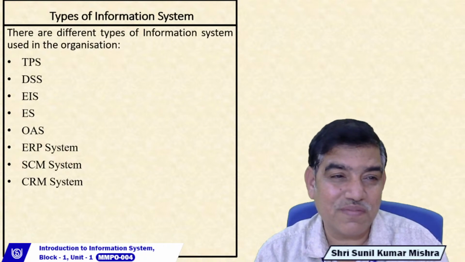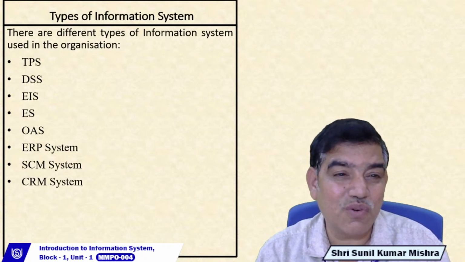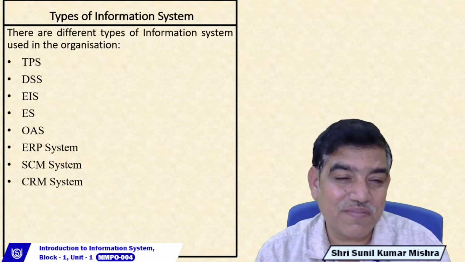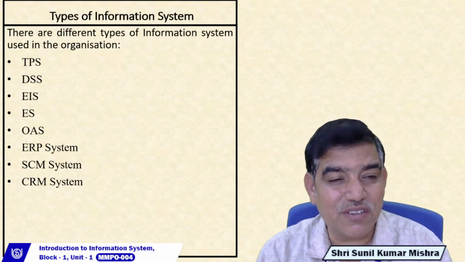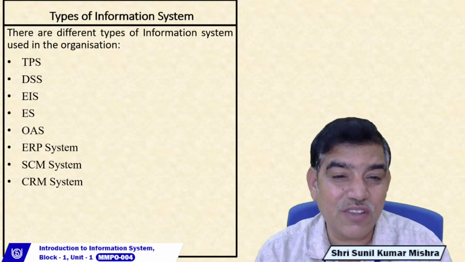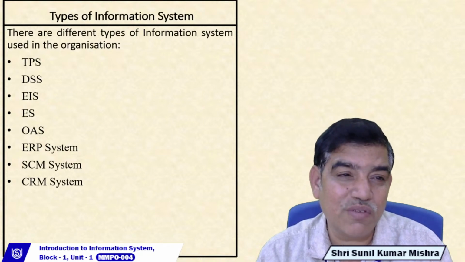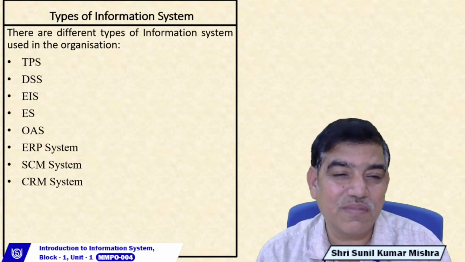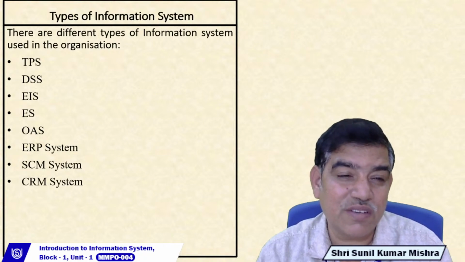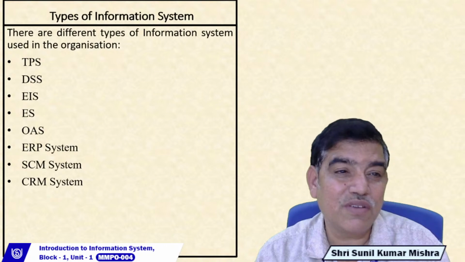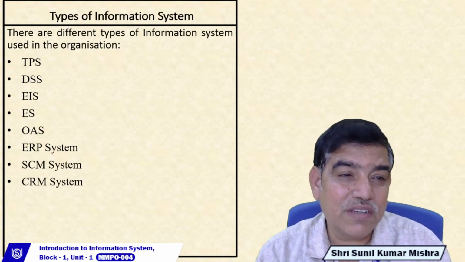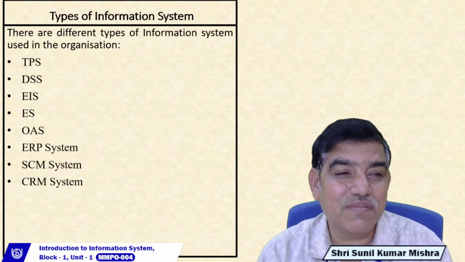The TPS stores the day-to-day data, which helps supervisor-level managers take immediate, short-term decisions, because our main goal is to run the organization, make it profitable, and generate more revenue. That's why we need the information system, and one of the best is TPS.